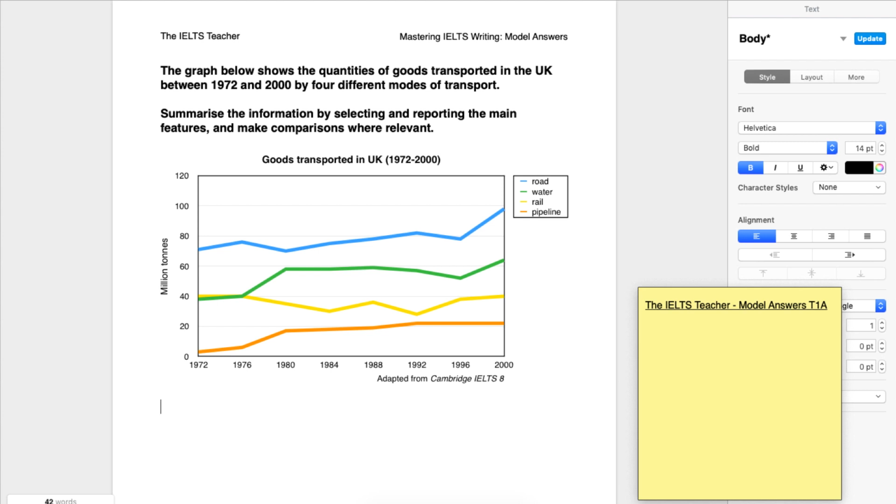Increases, decreases, rises, falls, climbs, slips, grows, tumbles, etc. There are quite a few different words and phrases you could use here. Don't forget you can use your adverbs as well. Significantly, considerably, slightly, consistently. All of this language is featured, by the way, in the Theory Task 1 academic course.